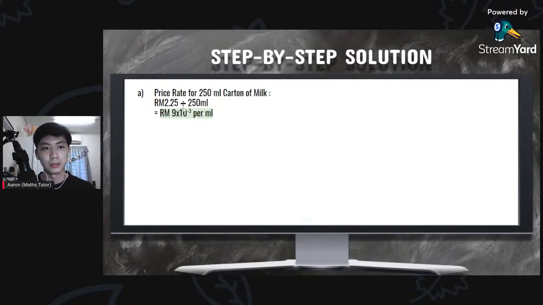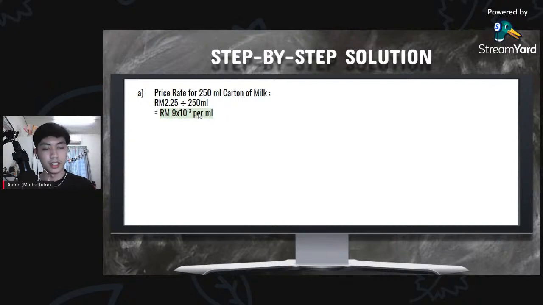It is a decimal, so you get 9 times 10 to the power of negative 3, which is actually 0.009. So RM 0.009 per ml.